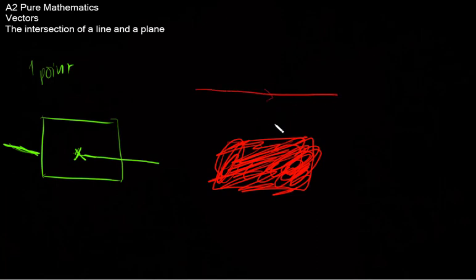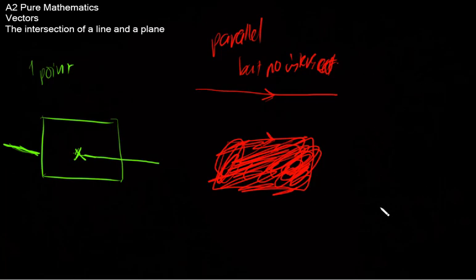So it is parallel to this line, probably to one line on the plane, but these two do not touch. So parallel but no intersection. These two do not touch. This is the plane, this is the line.